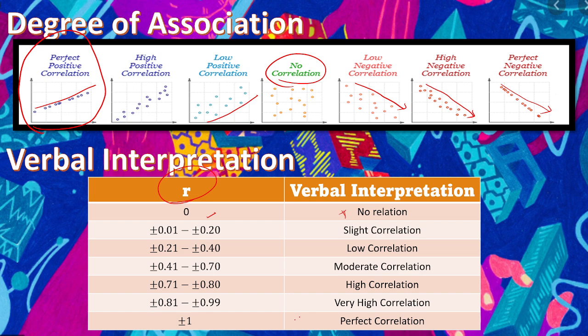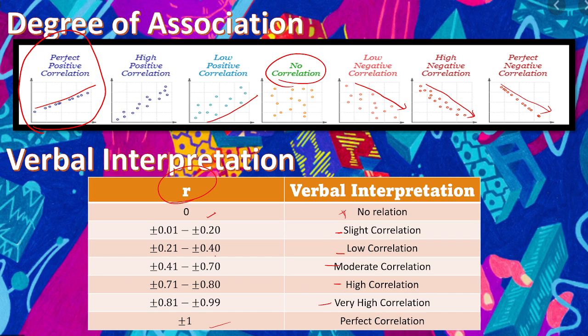No relation yan. If it is positive or negative 1, then perfect correlation. Okay, meron din tayong between positive and negative 0.01 to positive and negative 0.20. So, slight correlation. Ito naman, low correlation, moderate, high, and then very high correlation.